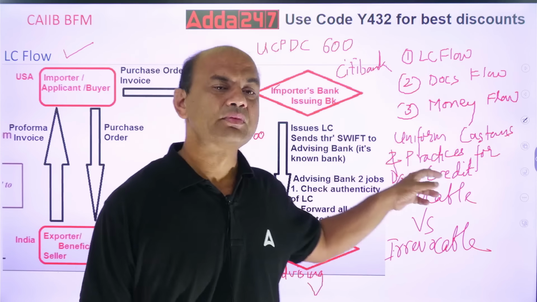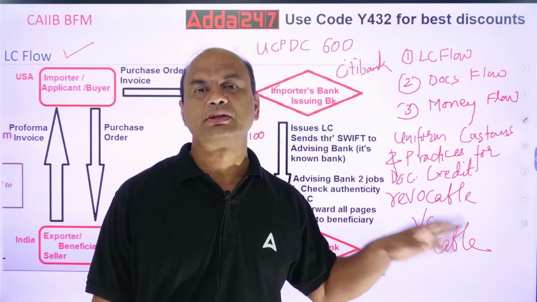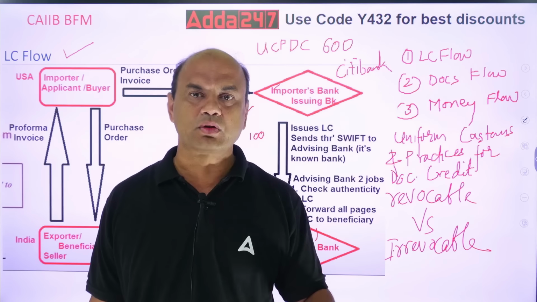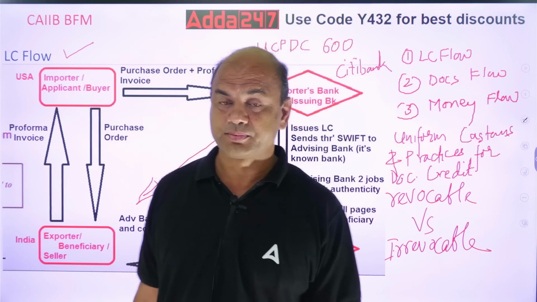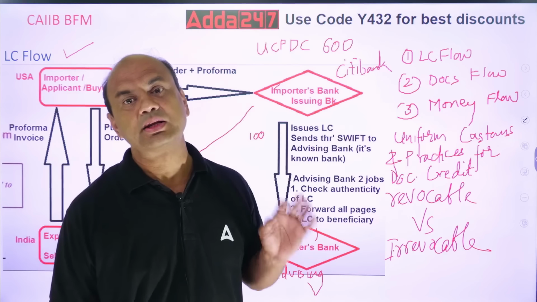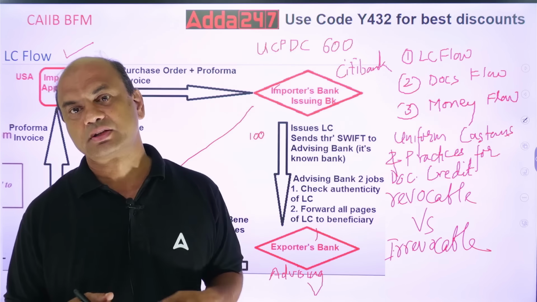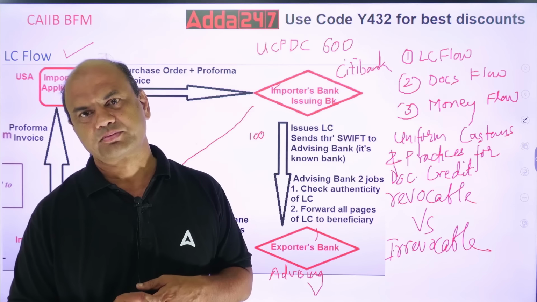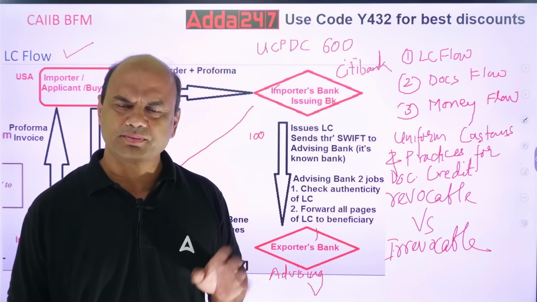Under UCP, only irrevocable LCs are defined. Revocable LCs are not defined under UCP. Now what do you mean by this? Irrevocable and revocable. Let's take a simple example.